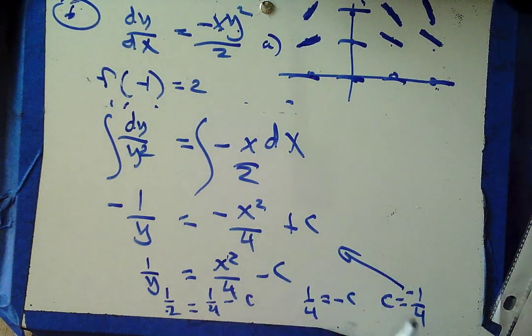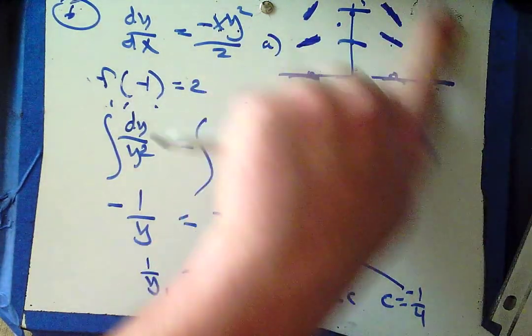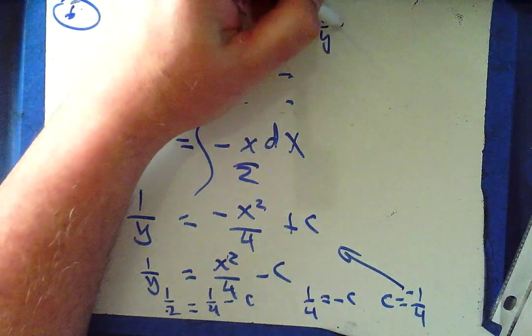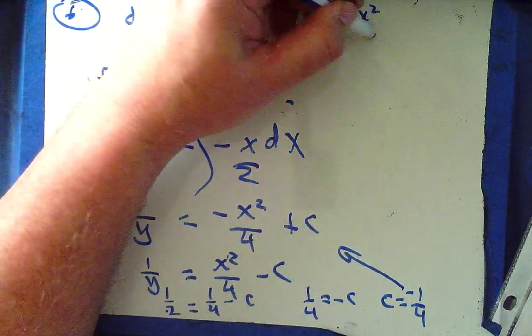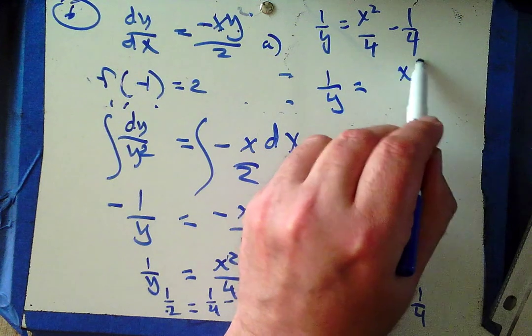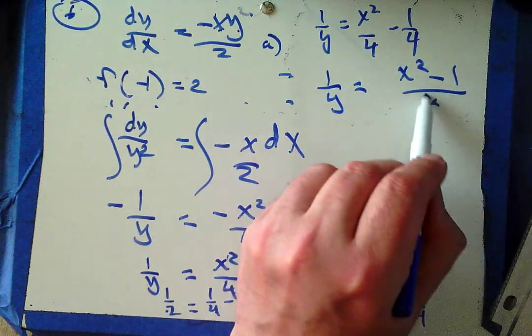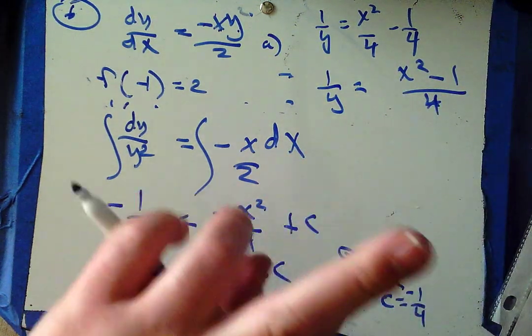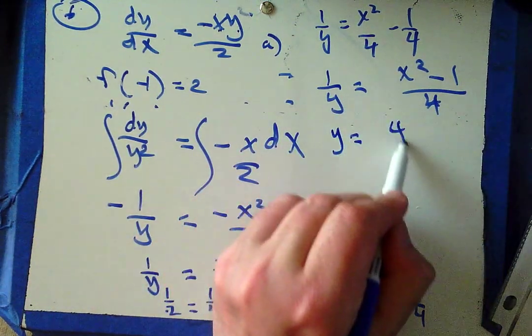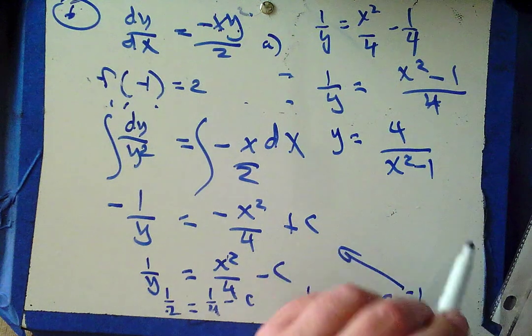So I can come back up here and write 1 over y equals x squared over 4 minus 1/4. And I think I'm going to do 1 over y equals x squared minus 1 over 4. And then I'm going to flip both sides and say that y equals 4 over x squared minus 1.